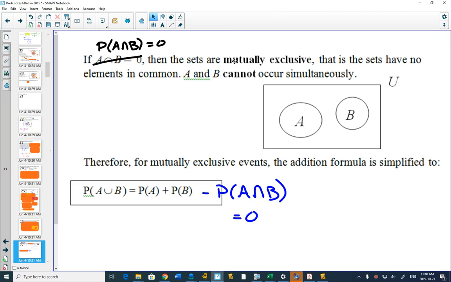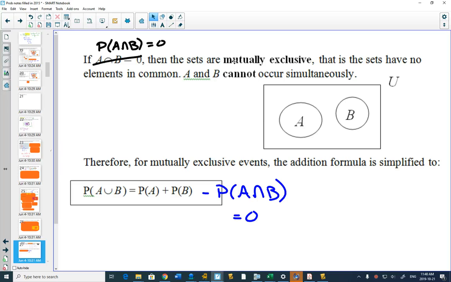That being said, I would want you to just memorize the original formula, which has the minus probability of A and B, and then you're like, oh, that's 0 in this case. It's not actually worthwhile memorizing two separate formulas. But it does simplify, because that probability of A and B is 0, so now you can just say probability of A and probability of B.